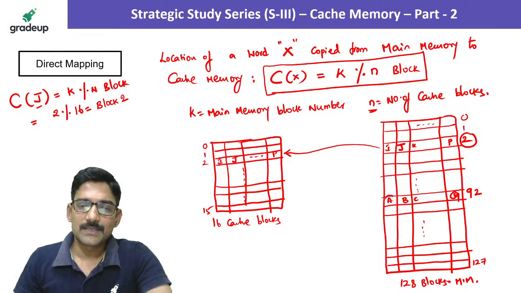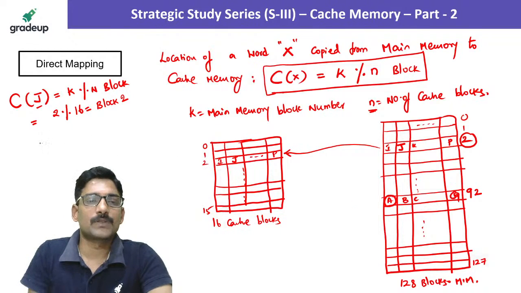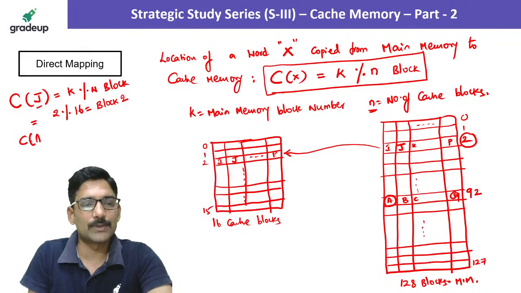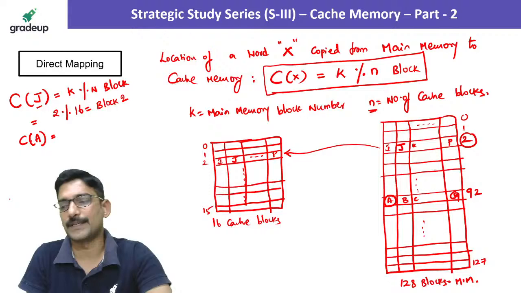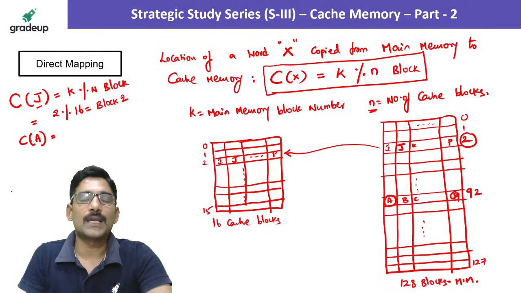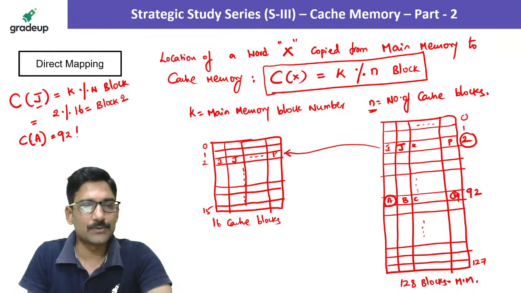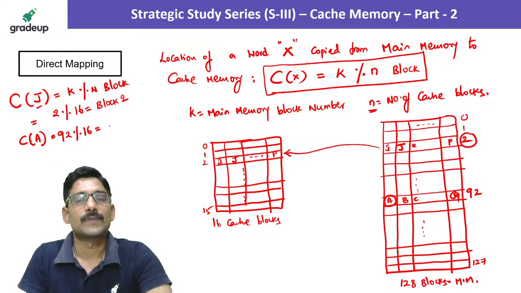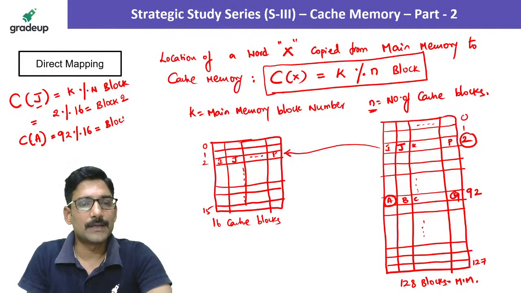Okay, the CPU requested A. So how do you find the location of A in cache memory? A's main memory block number is 92, modulus 16. So where does this get copied? Into block number 12.